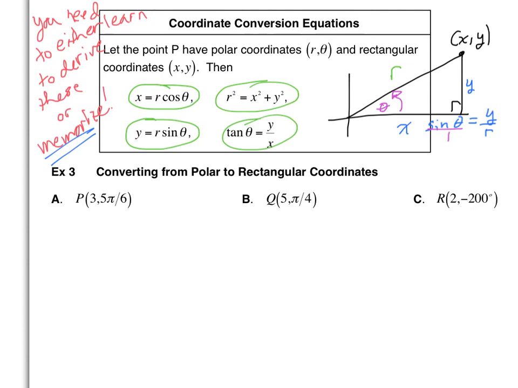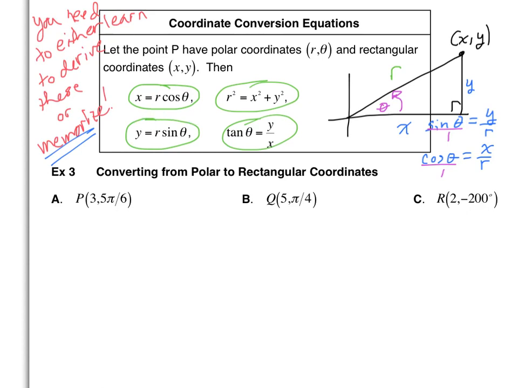If I want to find cosine of theta, it is going to equal what over what? Everybody. X over R. So same thing, I'm going to convert that into a proportion and cross multiply and solve. So again, I get X times 1, there's your X, and then R times cosine of theta, there's your R cosine of theta.